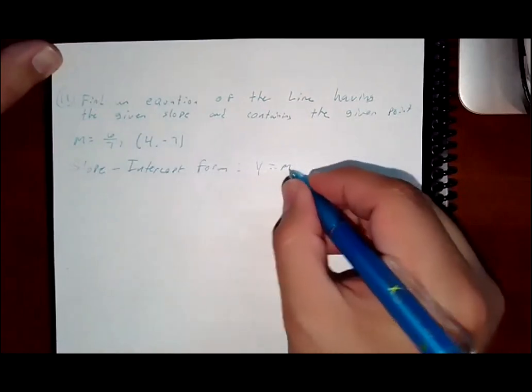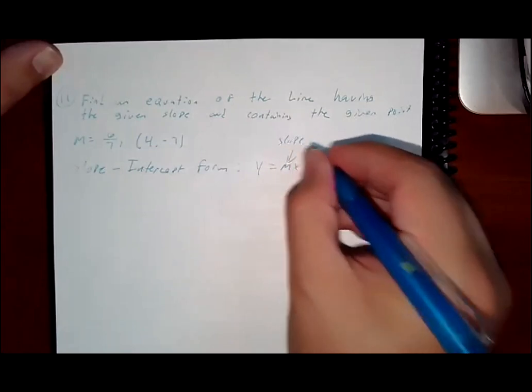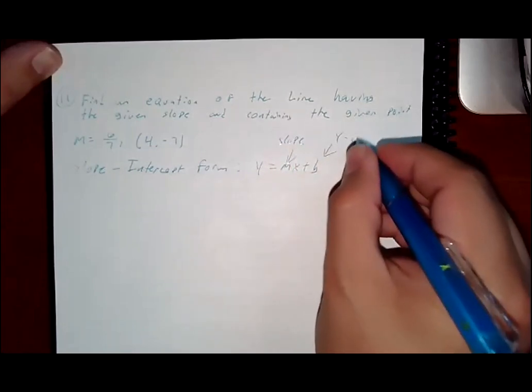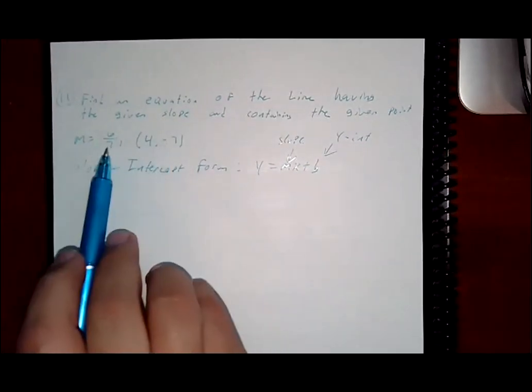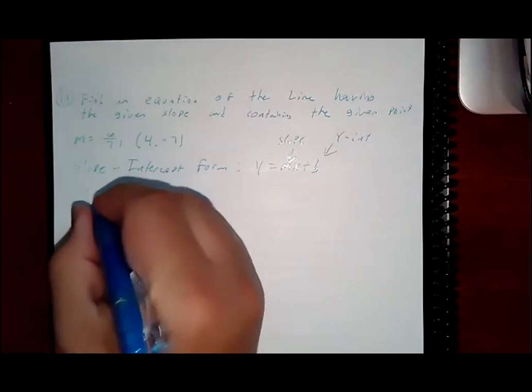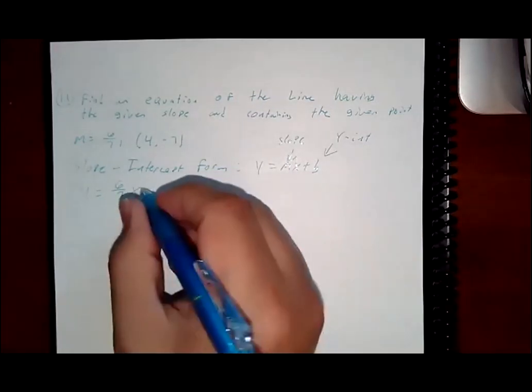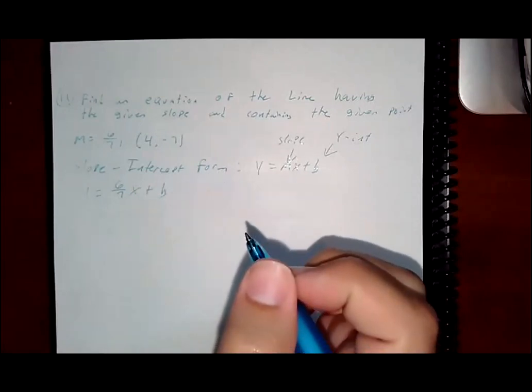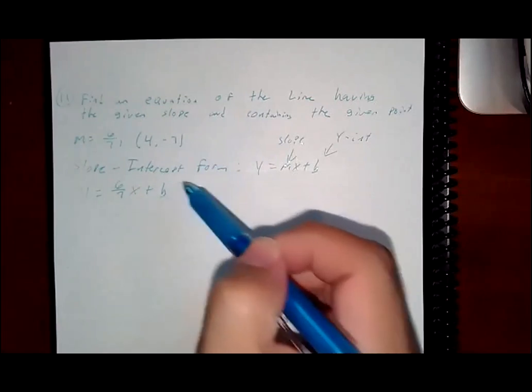This is y equal to mx plus b, where m is the slope and b is the y-intercept. So we don't have the y-intercept, but we have the slope. So right away we get 6/7 x plus some b. So we could plug in the point and solve for b.